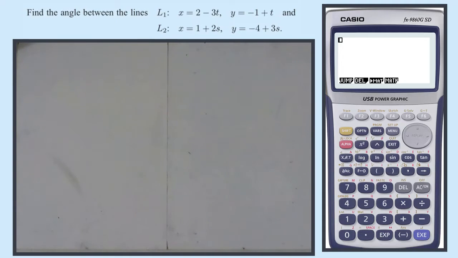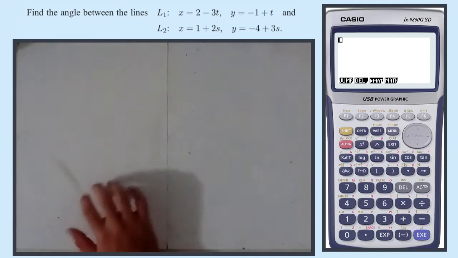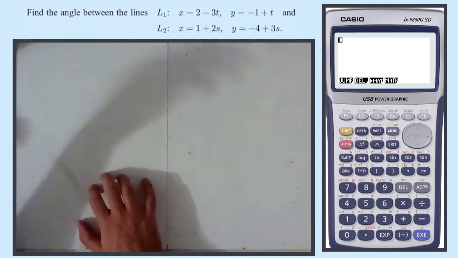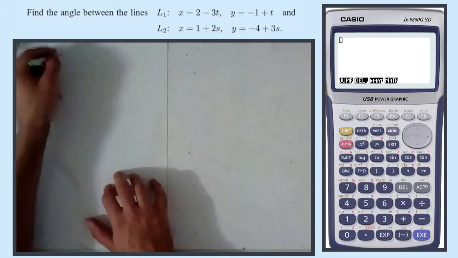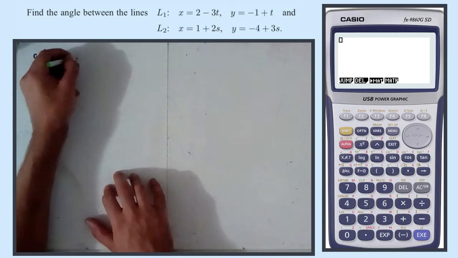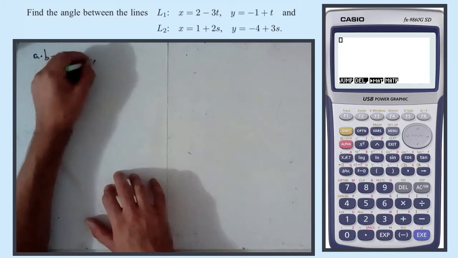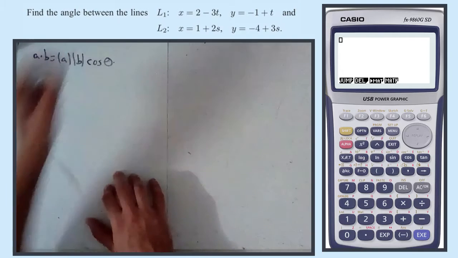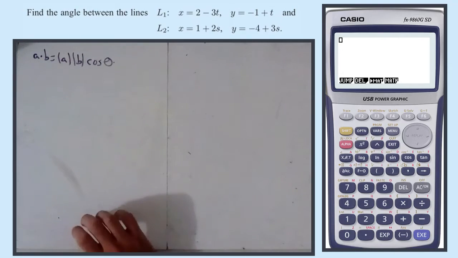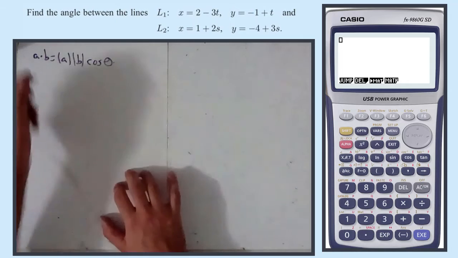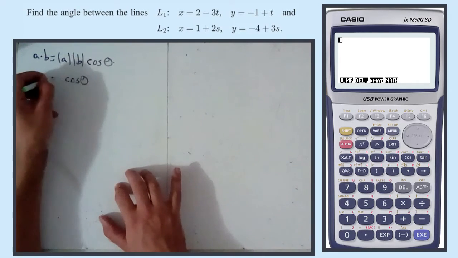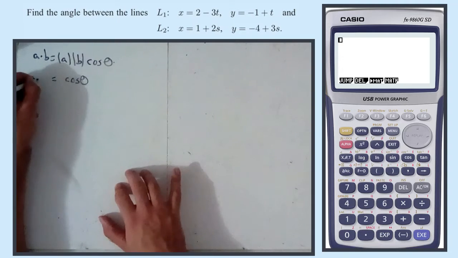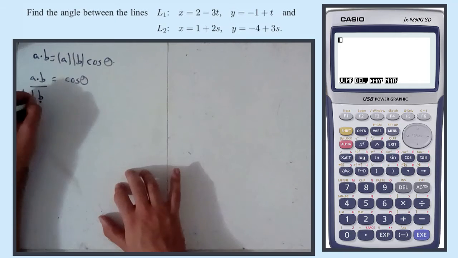To find an angle between two vectors, you may remember you start from this formula, which is a dot b equals the modulus of a times the modulus of b times cos of the angle between them. So this is when you've got two vectors. Sticking with that, cos theta would be a dot b over the modulus of a times the modulus of b.